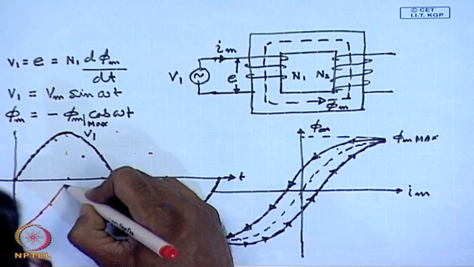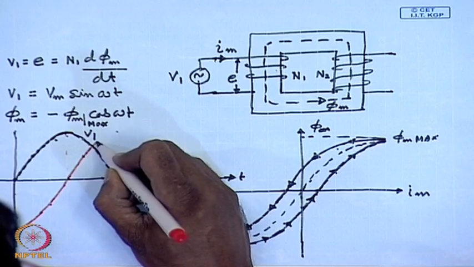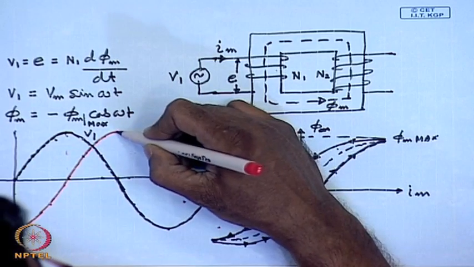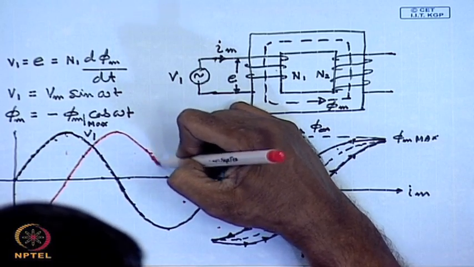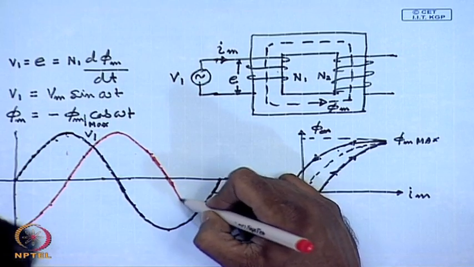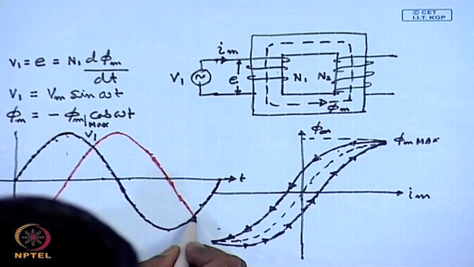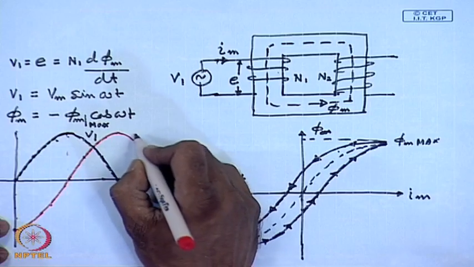So, let us say this is the flux waveform, phi m.